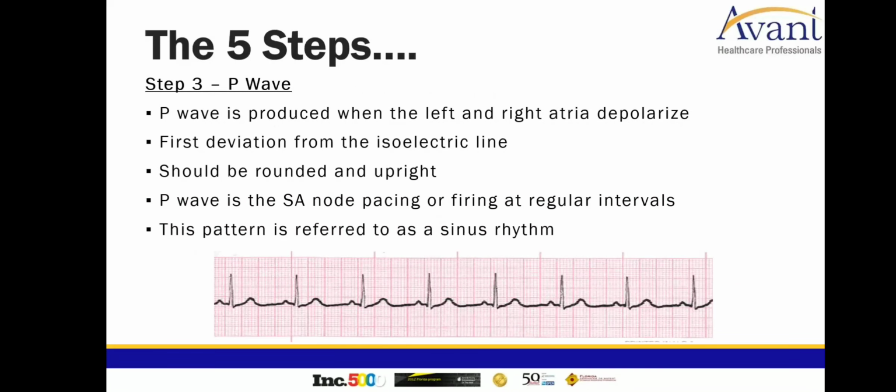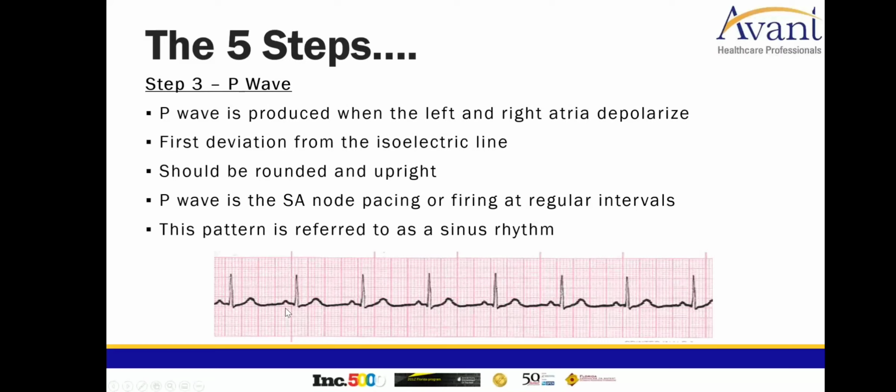Now, the P wave is an important thing to look at because remember we said that the SA node is represented on the P wave. If there's a problem with the P wave, it could indicate that the electrical impulse is being initiated somewhere else. We'll talk about that a little bit later. The P wave is produced when the left atrium and right atrium depolarize, the first deviation off the isoelectric line, and it should be rounded and upright.